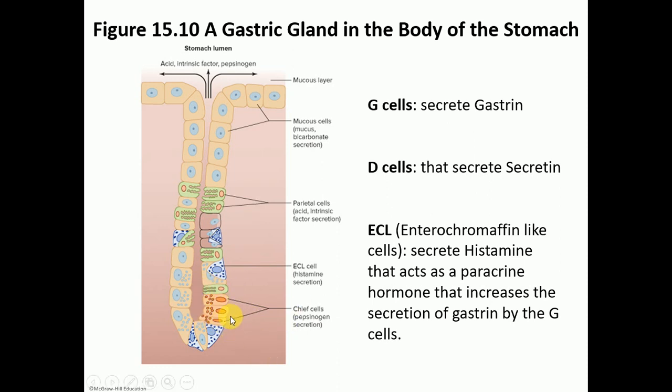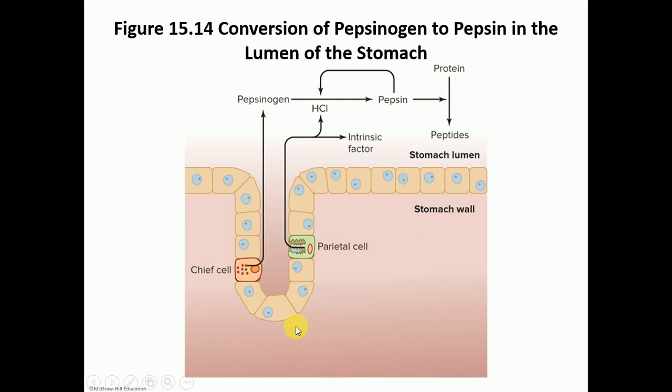In the very bottom of the gastric pit, or the gastric gland, we have these chief cells, and those make pepsinogen. Pepsinogen is an inactive hormone that has to be activated. And we'll see how that process happens over here. So this is your chief cell that's making pepsinogen. That's the parietal cell that makes hydrochloric acid and intrinsic factor. It's the hydrochloric acid that activates pepsinogen into pepsin.